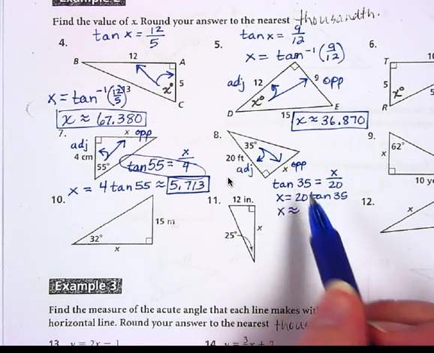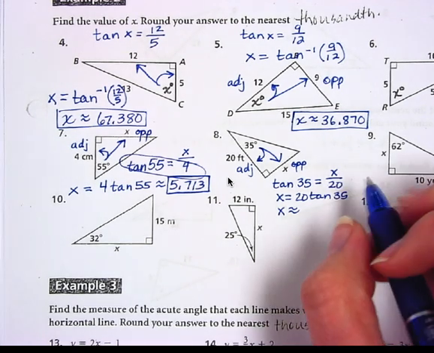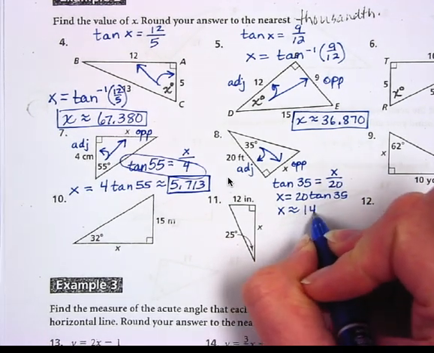So I multiply tangent of 35 times 20, and that gets me 14.004.